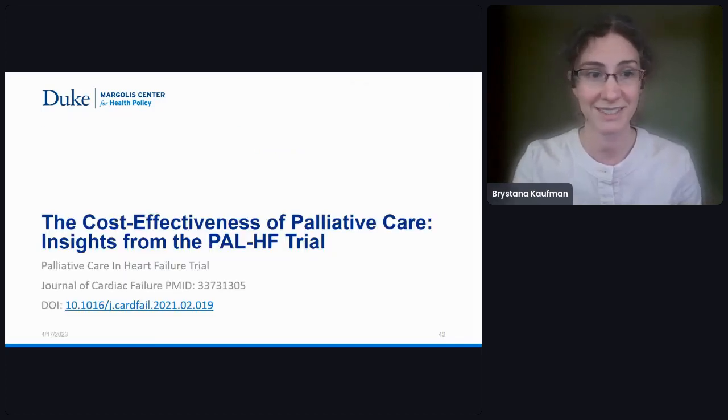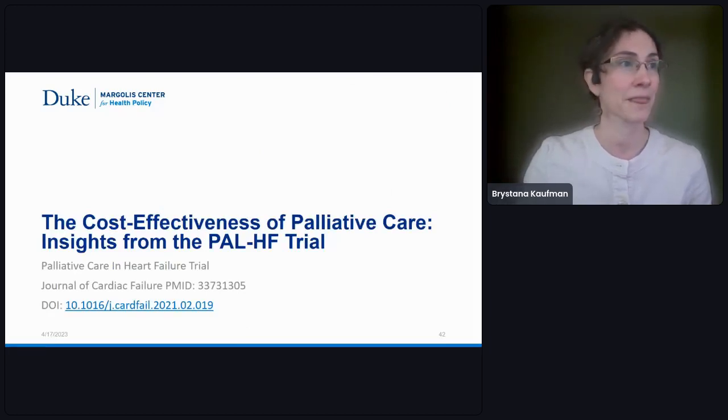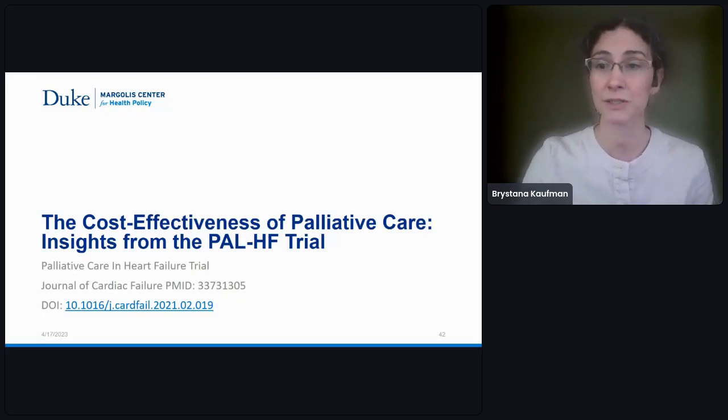for questions. The third example is another cost effectiveness analysis, evaluating a palliative care trial that was focused on people with advanced heart failure who had recently been hospitalized, so recruited in the hospital.